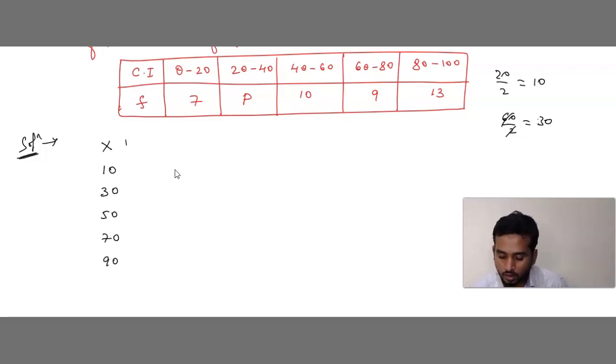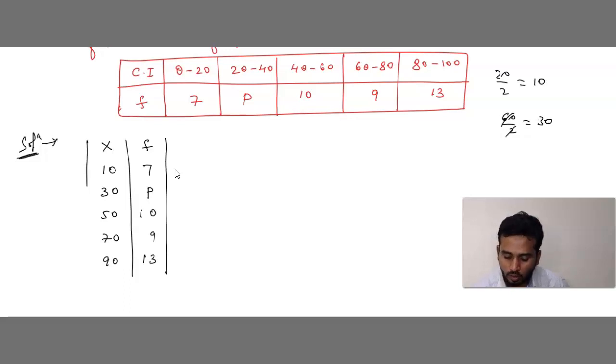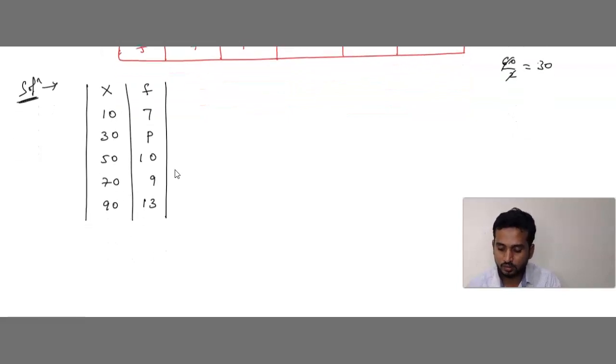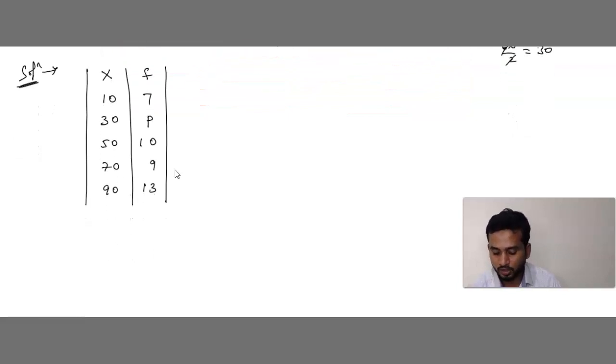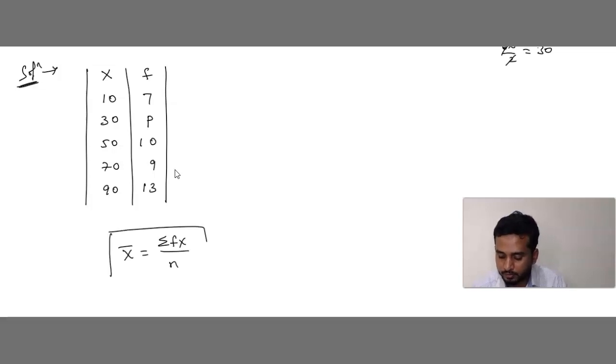Next, after finding the values of midpoint, the frequencies are 7, P, 10, 9 and then 13. So we got x and f. So what exactly we need to find, children? Mean. To find mean, what is the formula? If you want, you can use the direct method. Like this type of problems, if it comes, you can use the direct method. X bar equals sigma fx by n.